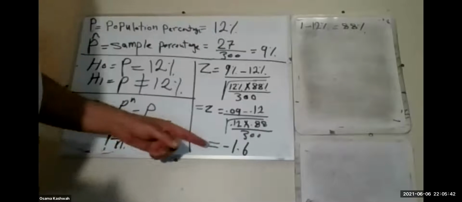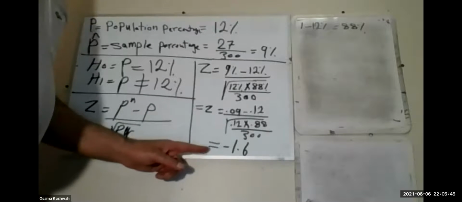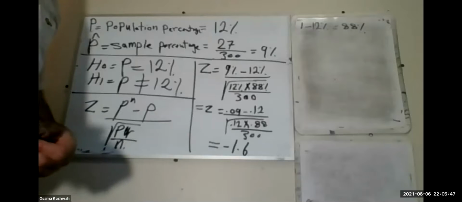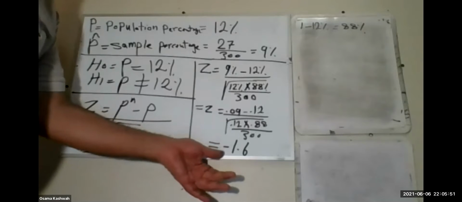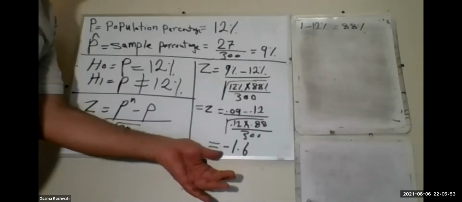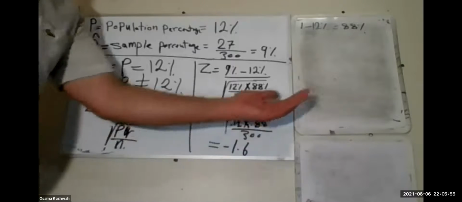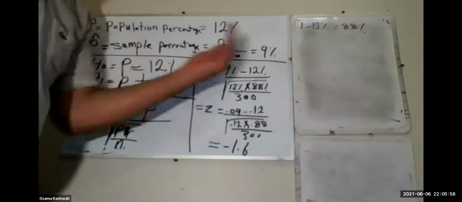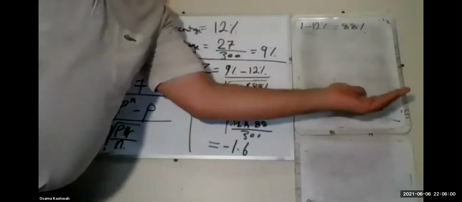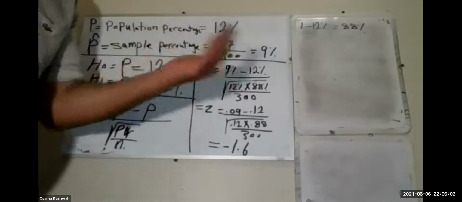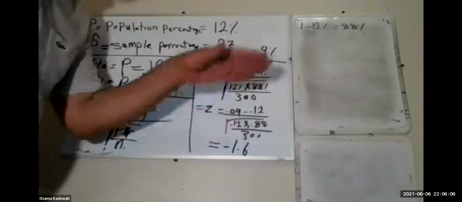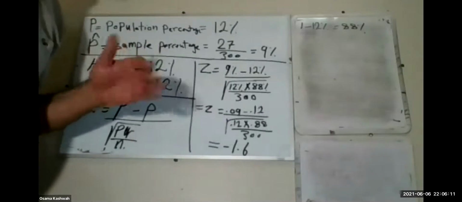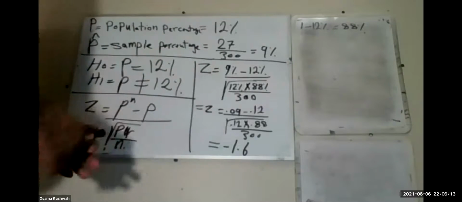I said forget about the minus or the positive, because in the case of a two-tailed test or one-tailed test, we don't care about the minus. The minus only tells us the direction of the graph, whether it's a right-tail test or a left-tail test, but otherwise it has no effect.